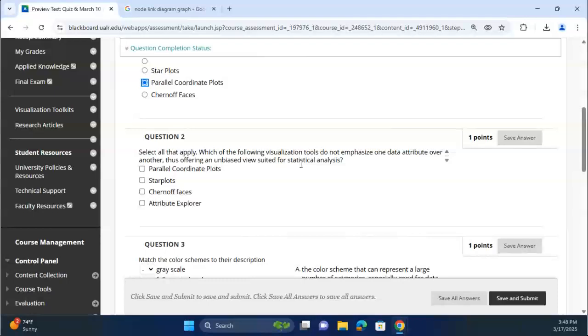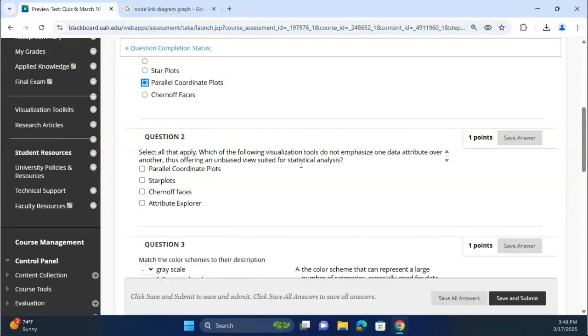Another way to break down these visualization tools, besides attribute versus object, is which ones are more suited for statistics. In statistics, you don't want to be biased toward one attribute or another.